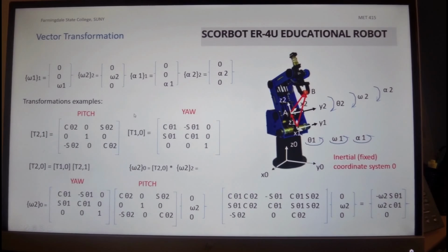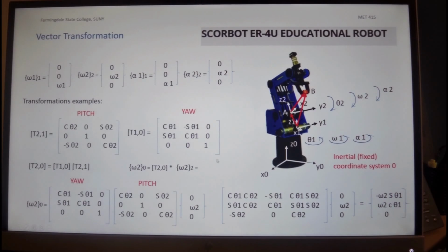So to do that, we have to take omega 2 as it is resolved in 2, which is this one here, and hit it with a matrix of transformation which transforms from 2 to 0. This will give us omega 2 resolved in 0.